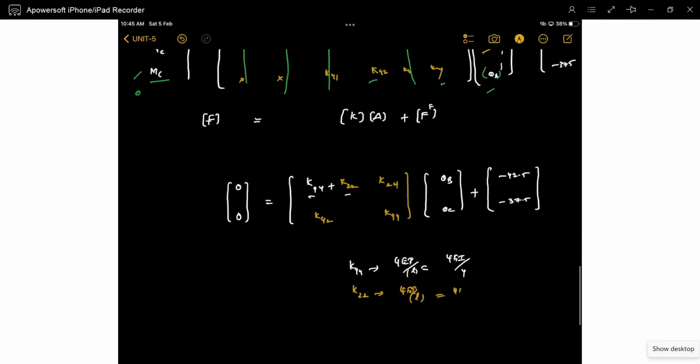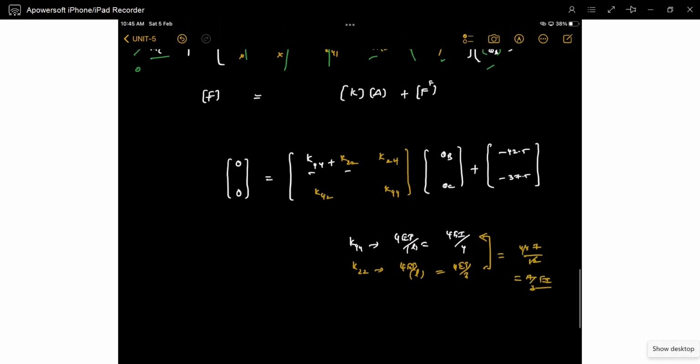So this is 4EI by 3. So you have to add it. What will you get? It's 12, 4 outside, it's 7. It's 7 by 3 EI. Okay, 7 by 3.